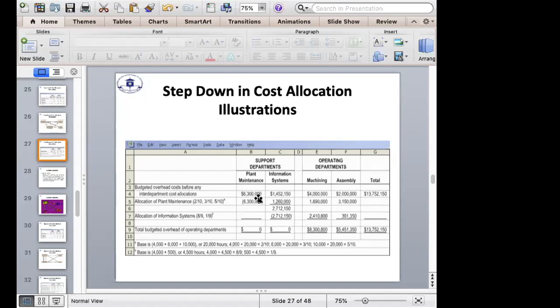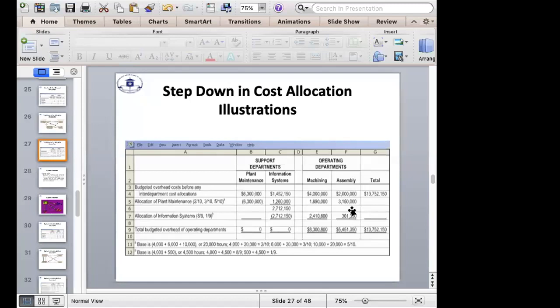This number multiplied by 5/10, which is this. So this plus this, as I explained before. So now the total cost of information system is 2,712,150. So you allocate this number here and here.